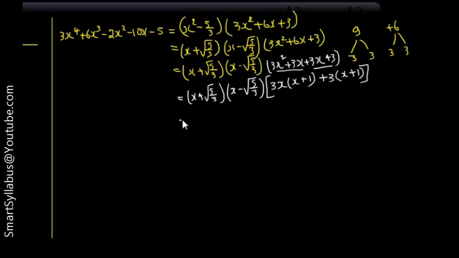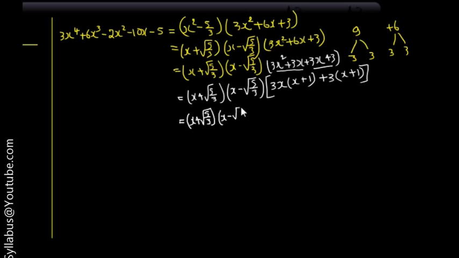Now that's equal to x plus root 5 by 3, x minus root 5 by 3. Now in this bracket, these two terms, what is common, that you have to take out. As you can see here, x plus 1 is there, and even here x plus 1 is there. So take that term out, x plus 1.